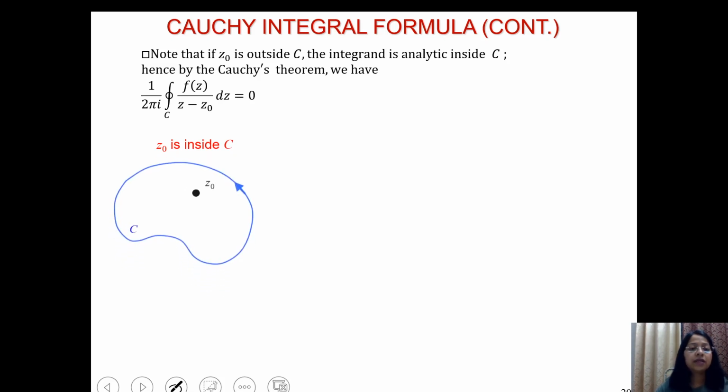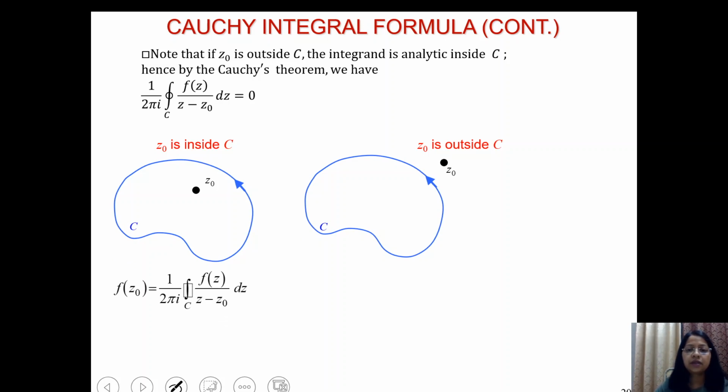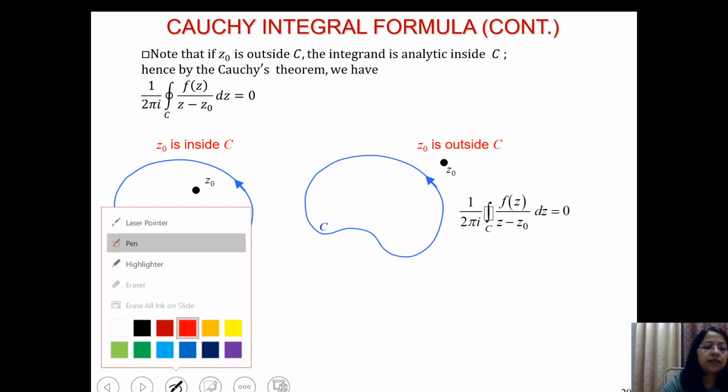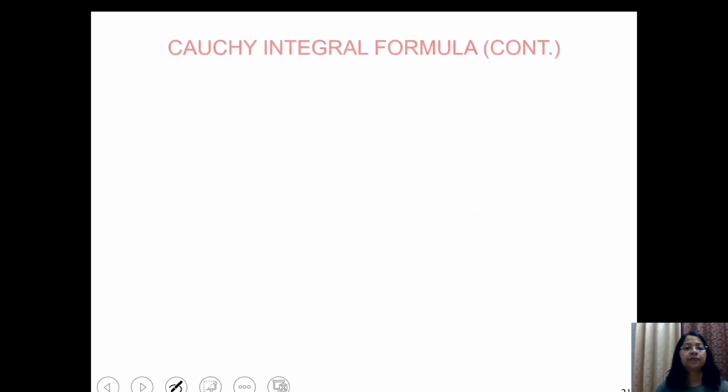If z0 is inside C, then we can write f(z0), and if it is outside C, the value of the integral will be 0. This is very important, so you have to remember it: the inside value is f(z0), the outside value becomes 0.